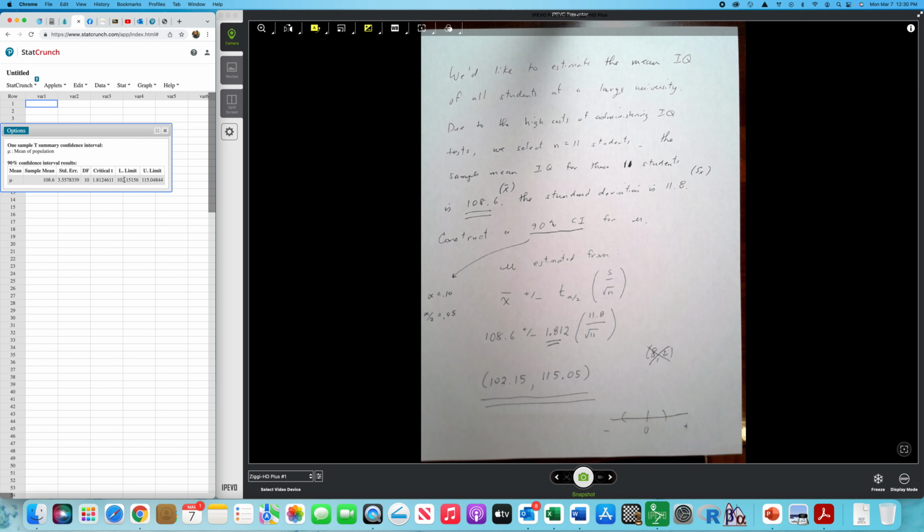So the lower limit, the left limit, is going to be 102.15, which we found right here, and 115.05, which we found right here. Notice our critical value, our T critical of 1.812, is provided right there. So this is the point estimate. The standard error is what you would get if you divided 11.8 by the square root of 11, right? And our degrees of freedom are, of course, 10 because 11 minus 1 is 10.